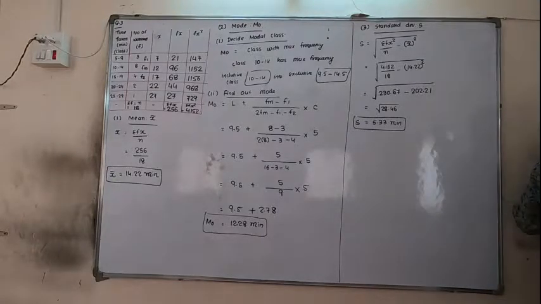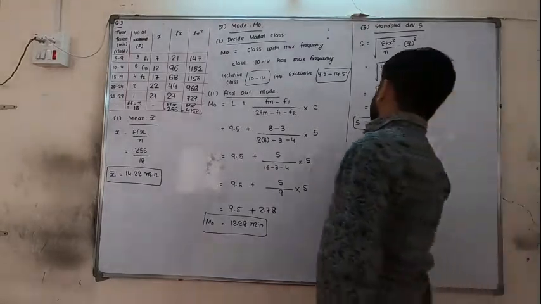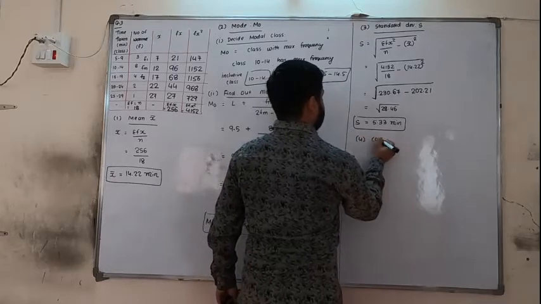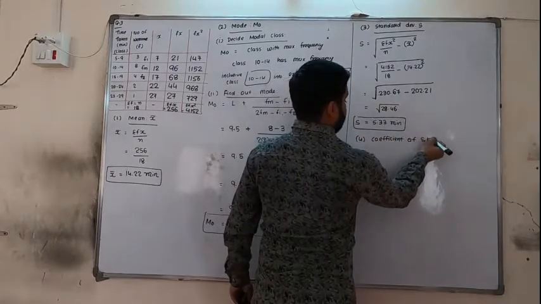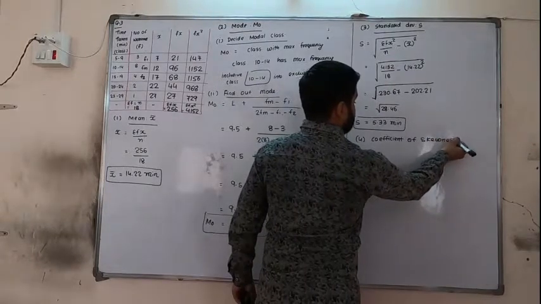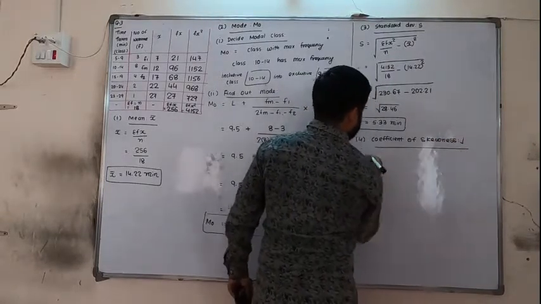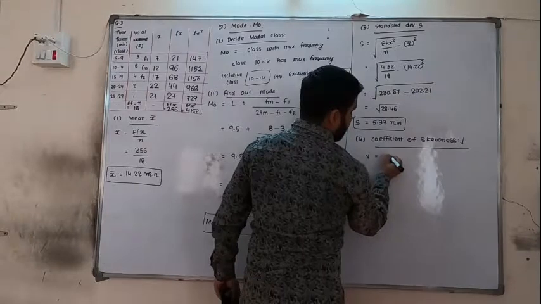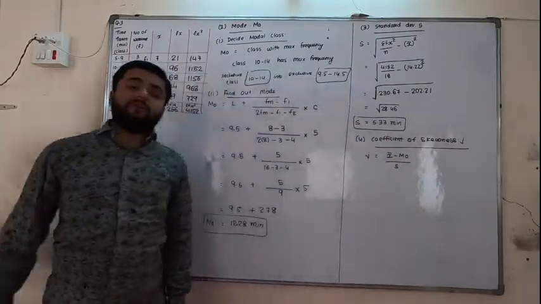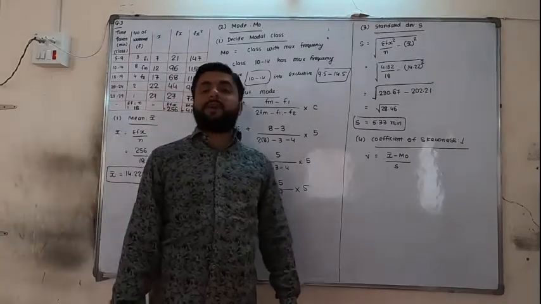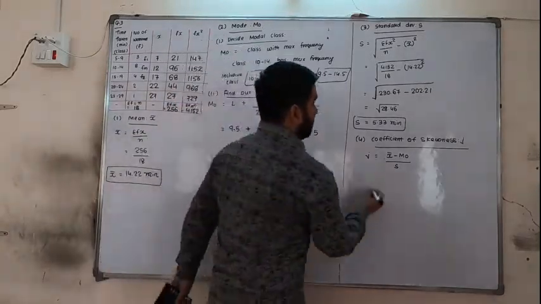Now we have to check, do we have to find both or only one? Okay, find Karl Pearson's coefficient of skewness only. So number 4, coefficient of skewness, that is J. J is equal to, since we have found the mode, x bar minus mode by s. But if we have found the median, then 3 into x bar minus median by s. But here we have found the mode.